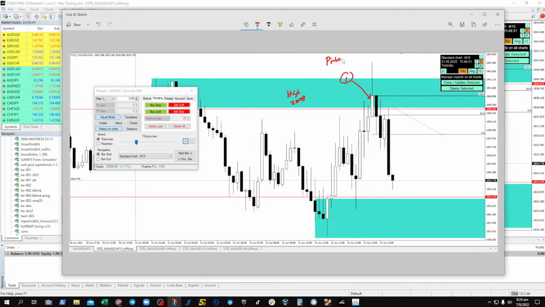Then number two, this bearish candle forms, indicating that price wants to continue to go down. And the third one is the entry, when this one flips bearish.